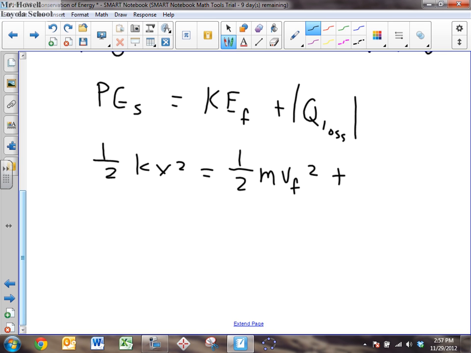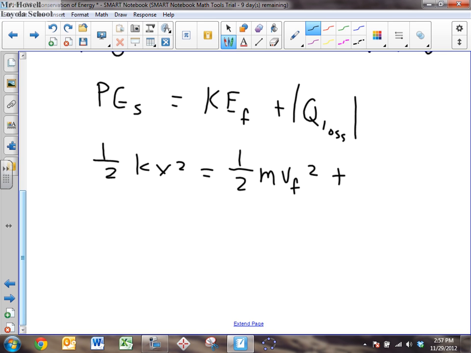So on this next test, when it's on conservation, you need to know the old stuff, because it's going to come up. The stuff from work done, the stuff from Ff equals mu Fn for the force of friction, you're going to need to know that. The formulas are still on your test, but you need to recall that information, or how to use it.